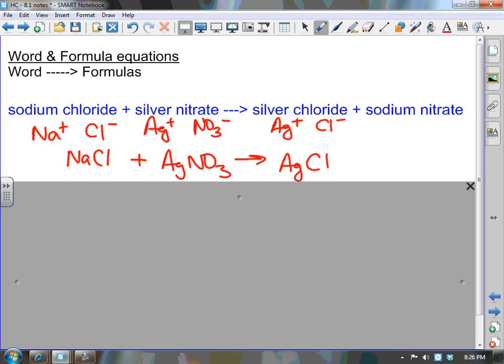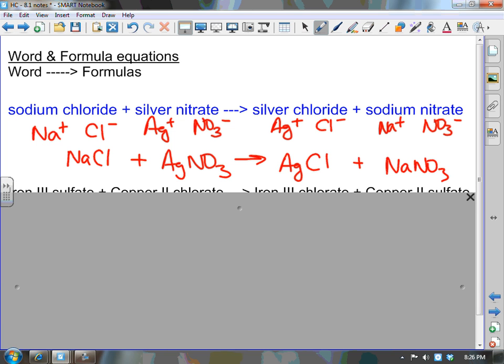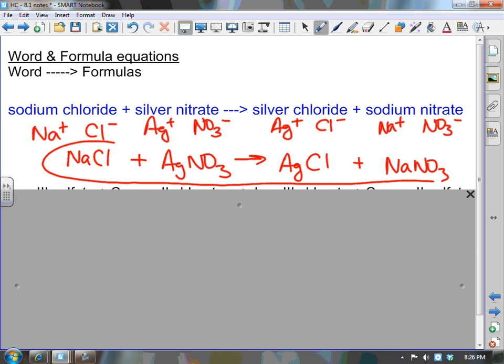AgCl. Plus sodium +1, nitrate -1. NaNO3. So what we have here is a chemical equation, a chemical reaction. NaCl plus AgNO3 forms AgCl plus NaNO3.